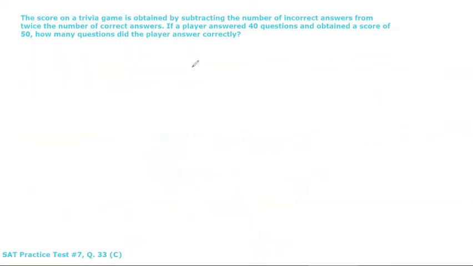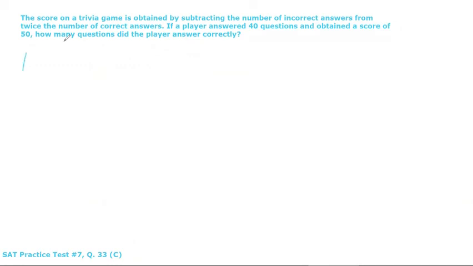Now in this next word problem, let's try to only use elimination instead. So in this one, we have that the score on a trivia game is obtained by subtracting the number of incorrect answers.